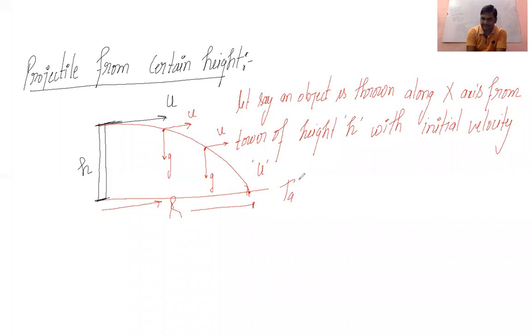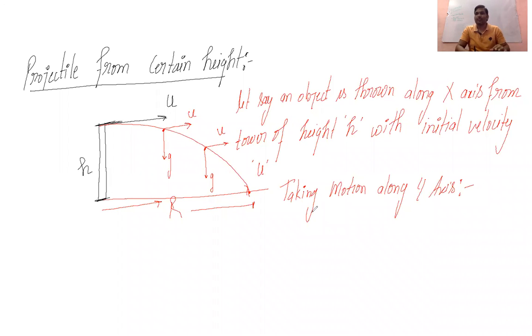So you can see, taking motion along the y-axis, there is no component of initial velocity along the y-axis. So if there is no initial velocity component, why is it falling downward? It is falling downward only due to the acceleration due to gravity.